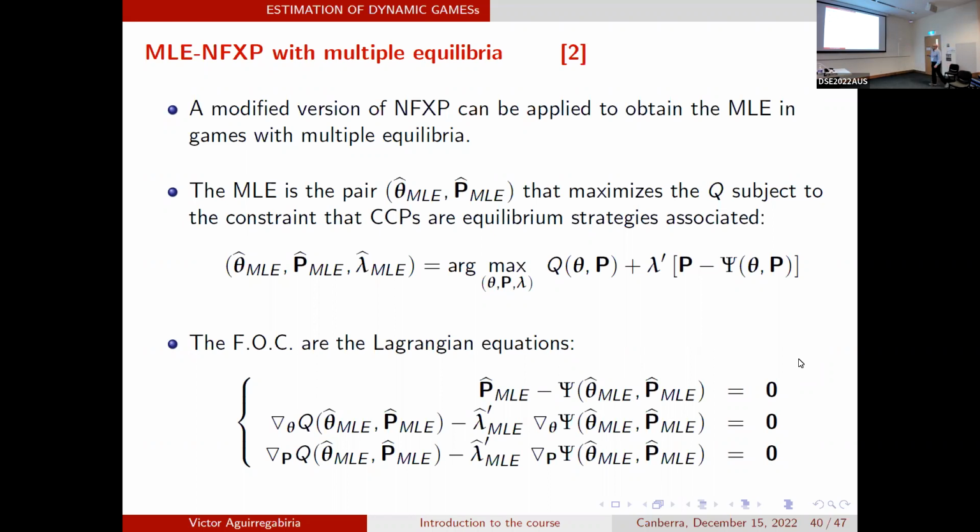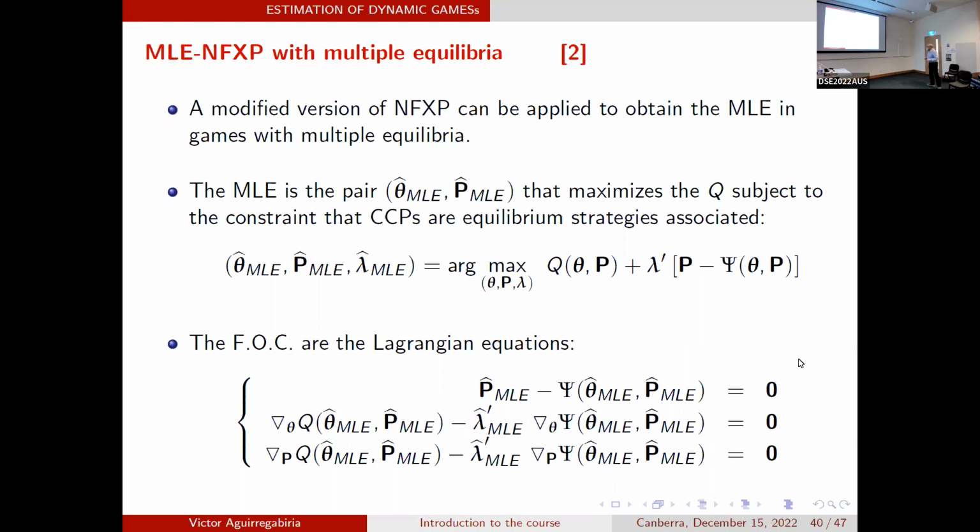You can now consider a BHHH version or Newton's implementation of the maximization of this problem. And then at each iteration, we have a value of theta, a value of p, and a value of lambda, and we are going to iterate to calculate the maximum likelihood estimator.